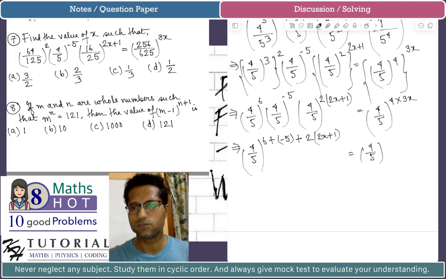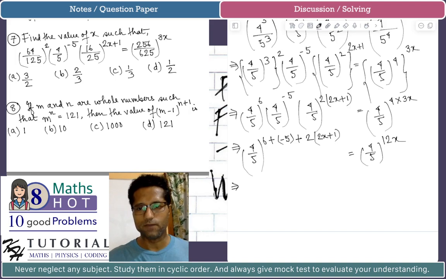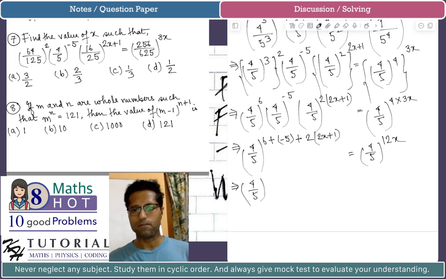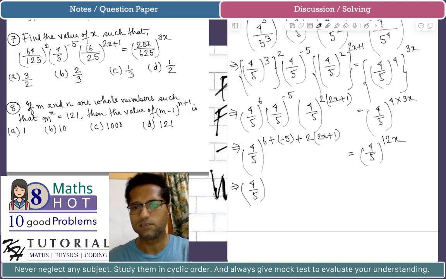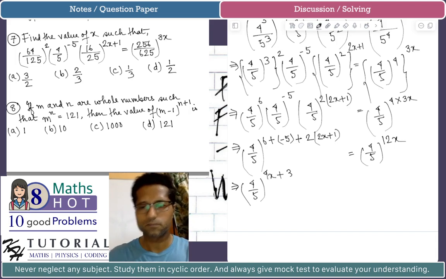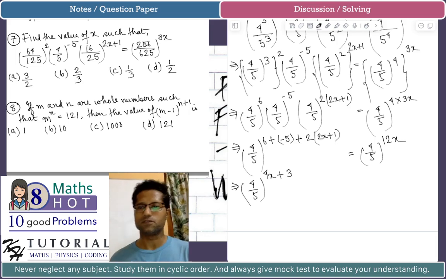Simplifying the power on the left, 6 plus minus 5 is 1, and 1 plus 2 into 2x plus 1 is 4x plus 3.